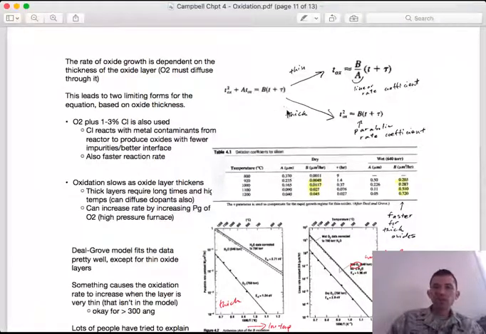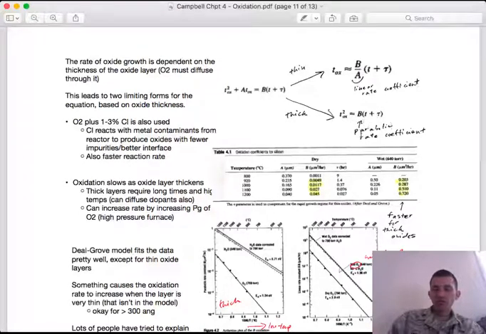But as it gets thicker, we have the other limiting case. If Tox is big, then we have a big number squared, which gets bigger, which means we can throw away the A times Tox term. And we have this approximation where Tox squared is equal to B times T plus tau. And here, since it's squared, we have this parabolic rate coefficient.